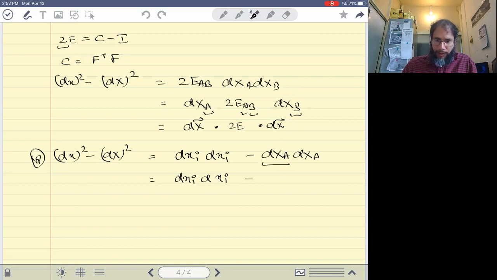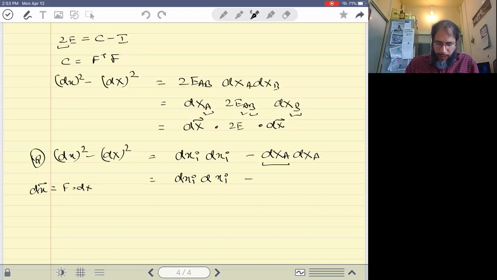so this dXA, if I go back to the definition of our deformation gradient tensor, then d small x was F times d capital X. So we can take an inverse on both sides. We can define d capital X as F inverse times d small x. So what we have done is, we have left multiplied both sides by F inverse.